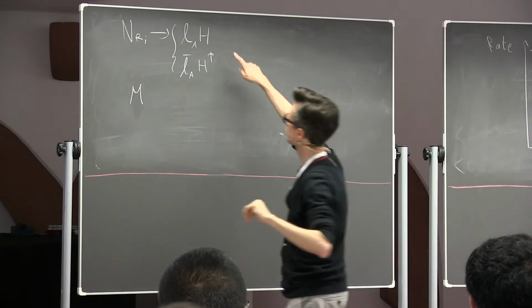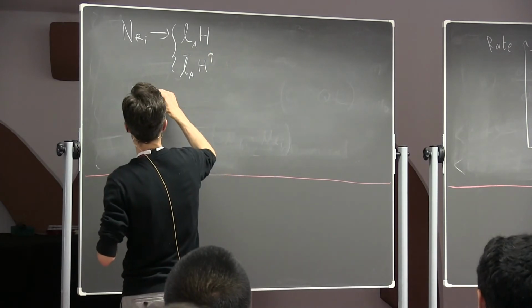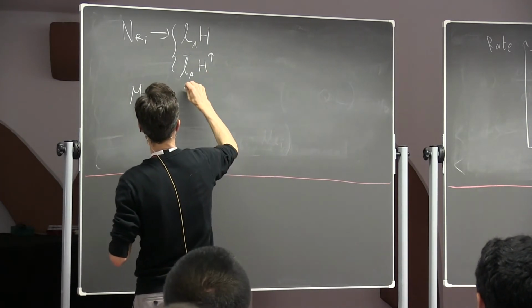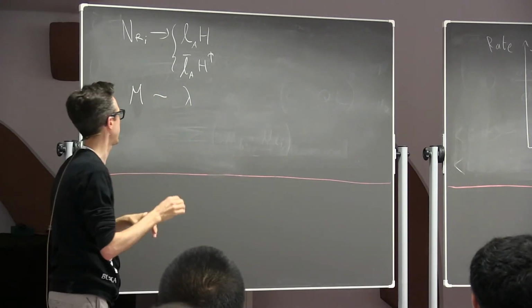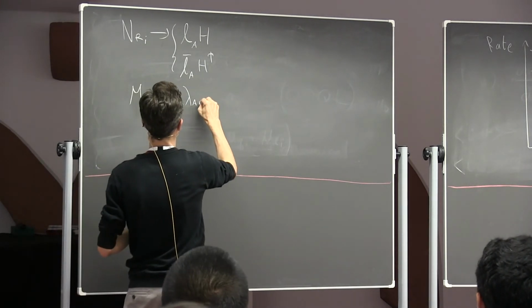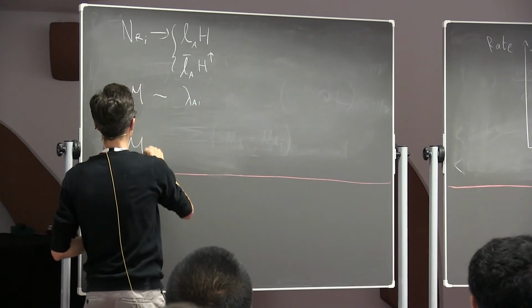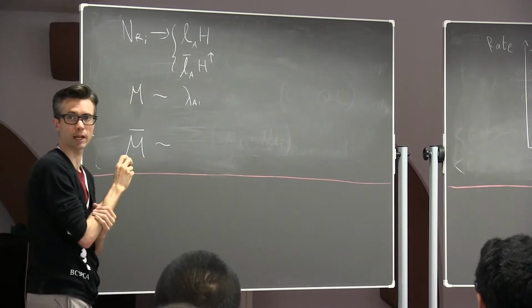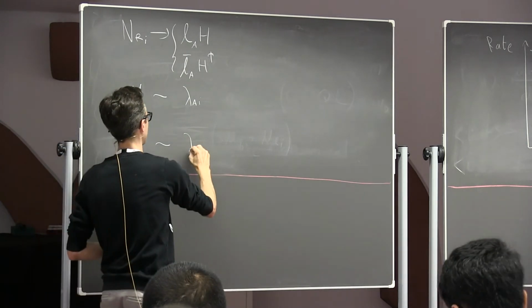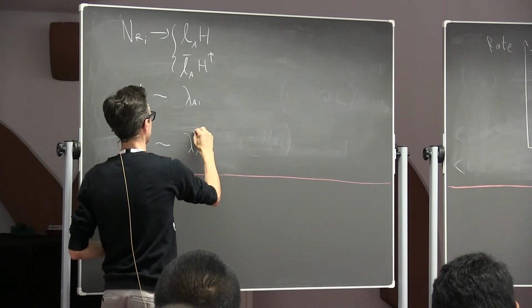So the matrix element for the amplitude for this thing, schematically, is going to have something that goes like lambda with some indices attached to it. So it's going to look something like lambda IA. And then if I look at the same thing for this conjugate reaction, I'm going to have something that looks like lambda AI star.